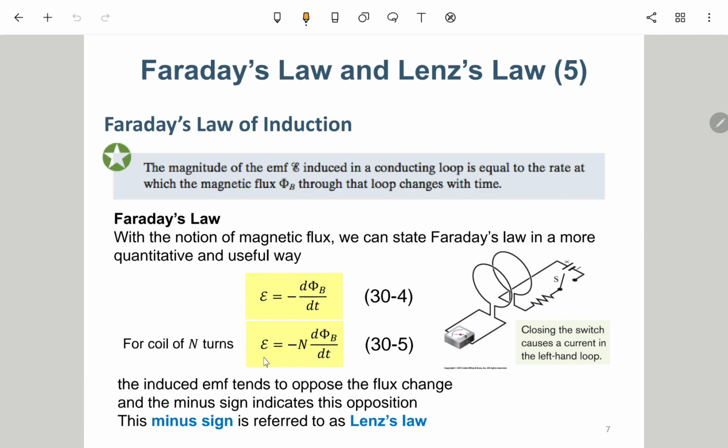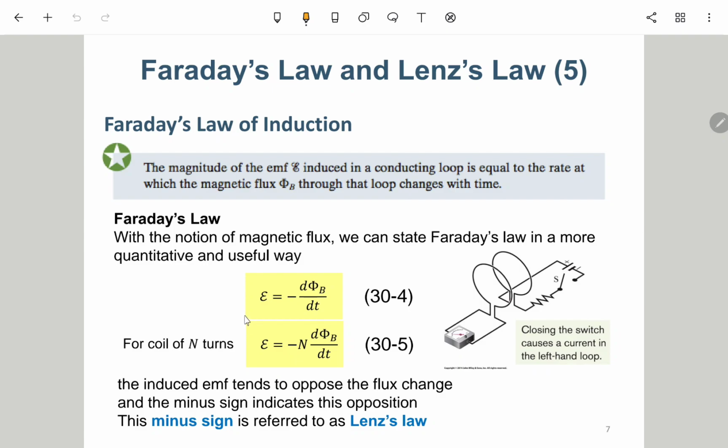So this induced EMF is this derivative, but we take a negative sign. Of course, later we will write a complete form of Faraday's law. We will write this EMF as a line integral, but some pages later.